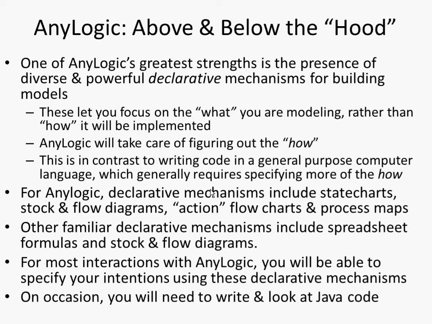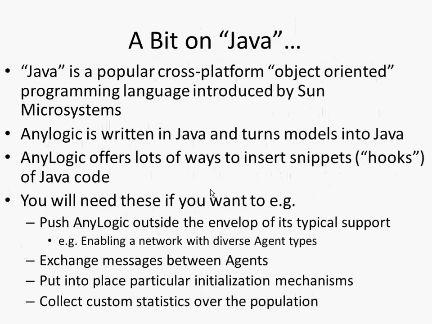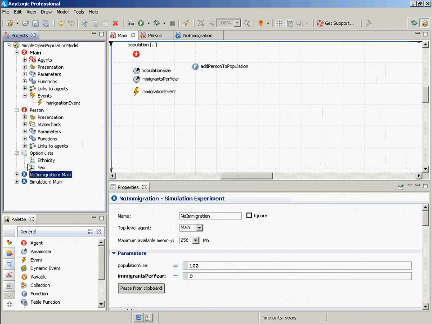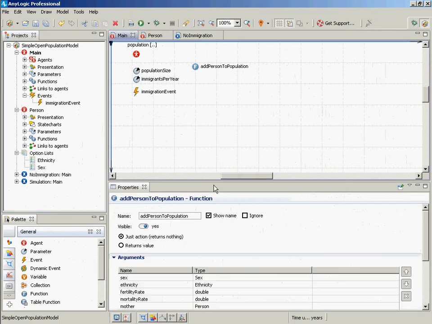For most interactions with AnyLogic, you'll be able to specify your intentions using these declarative mechanisms. But you will have to write and look at Java code. There's no question that you're going to be using bits of Java within your system. And we've seen that within our various models. Most notably in this last model, we've added functions, which are none other than Java methods.